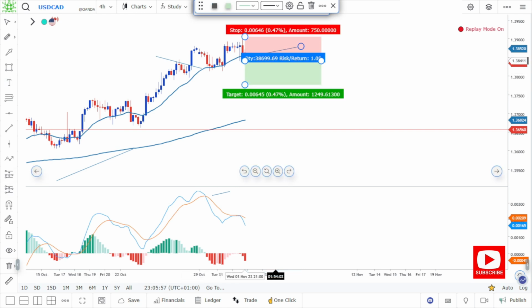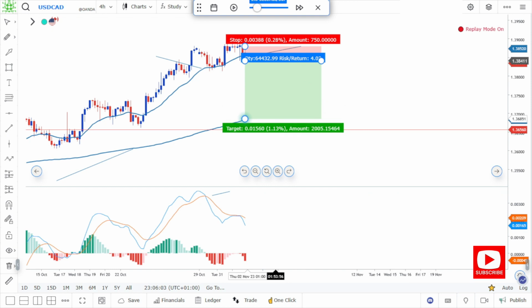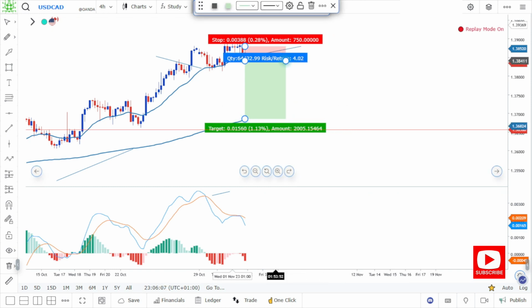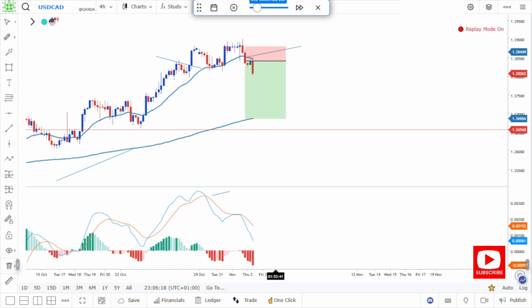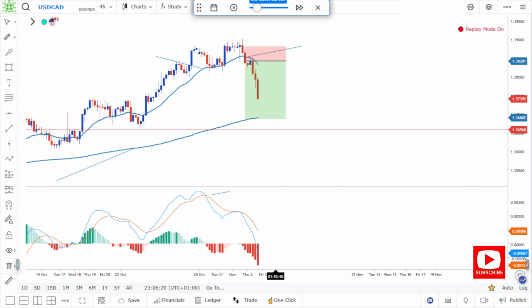So we will be taking our sell entries right at the body of the candle that broke the moving average 20, and we are going to be targeting moving average 200 for our take profit. Stop loss, as I said, slightly above the moving average 20. So let's see how this strategy gave us cool cash.